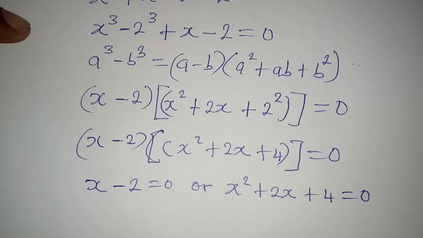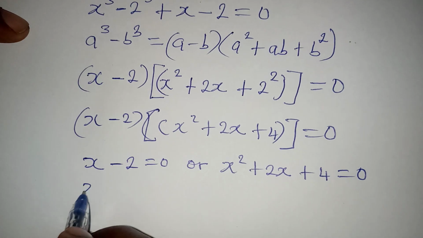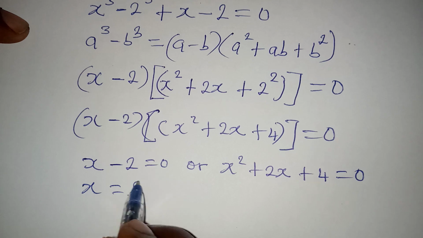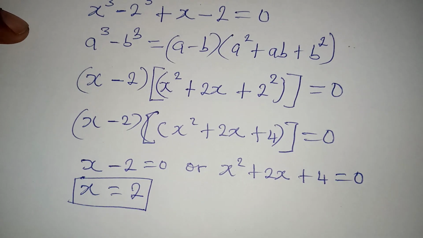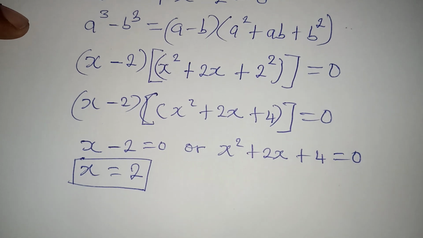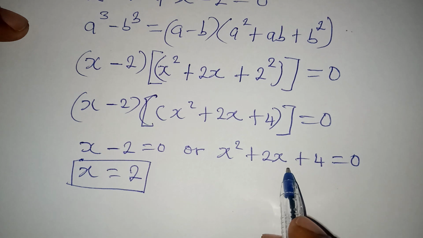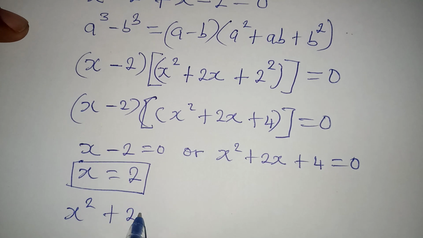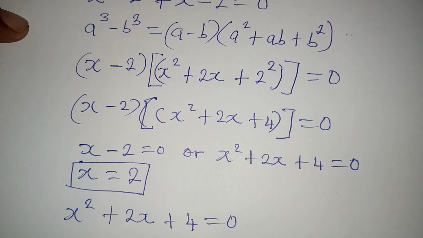Okay, so this is what we have. And then we'll take a step further. From here, x is equal to 0 plus 2, and that is 2. So this is one of the roots of this equation. And now, to get the other values of x, we will pick this quadratic equation, x squared plus 2x plus 4 equals 0.